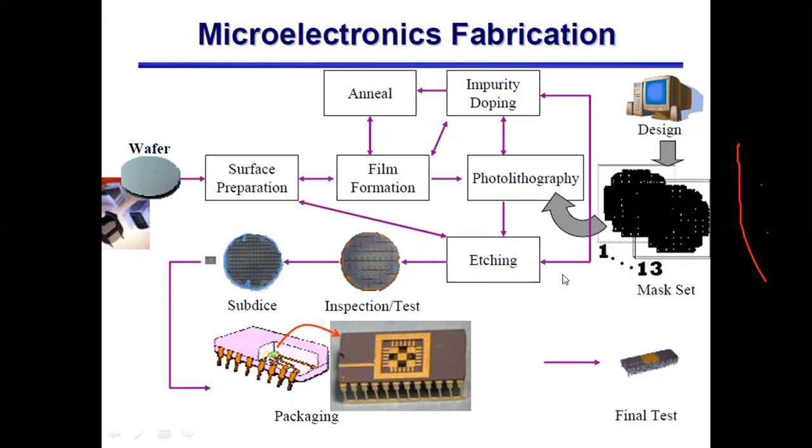When that etching is performed, then after that, if you want to add another layer, you have to send your wafer back to the surface preparation. After surface preparation, again we add another layer of the material, and we repeat all these processes again. If you want to add another layer, again you send your wafer here.